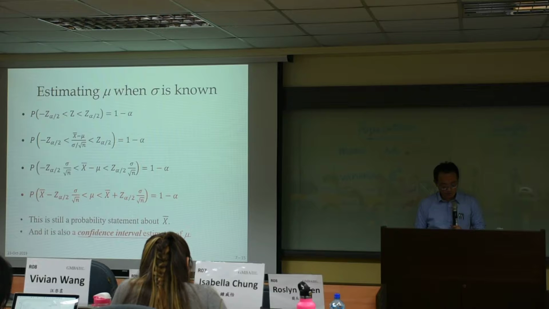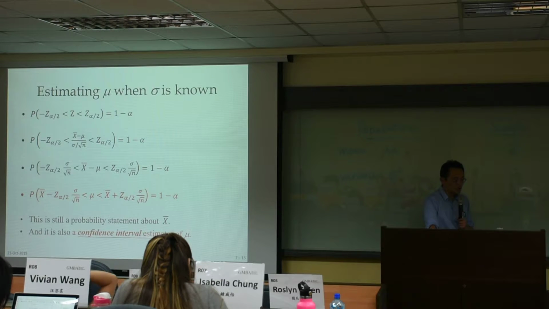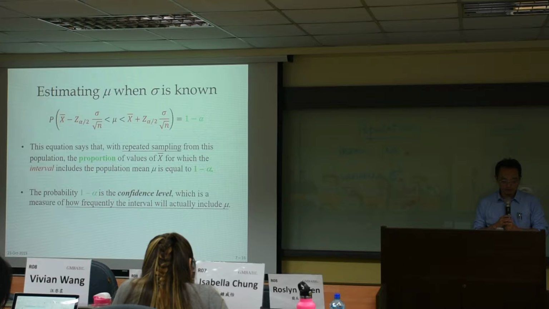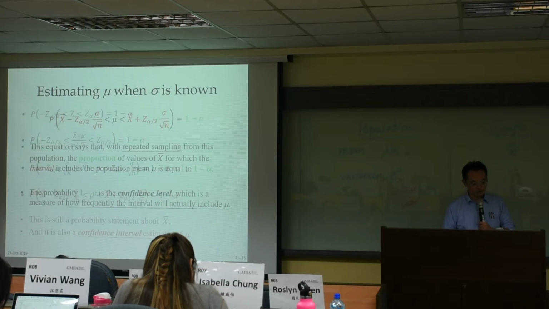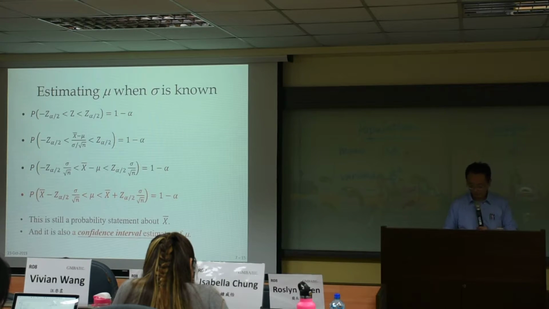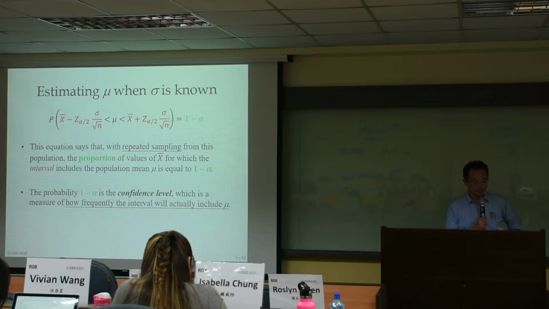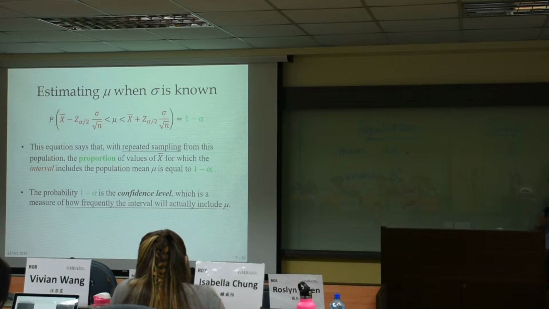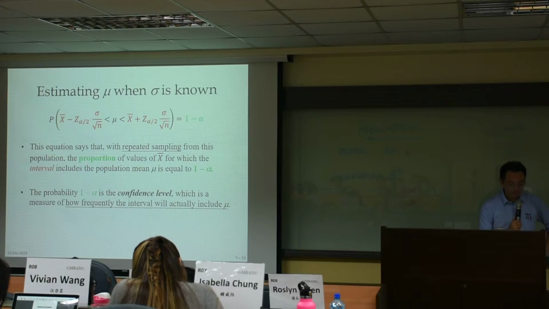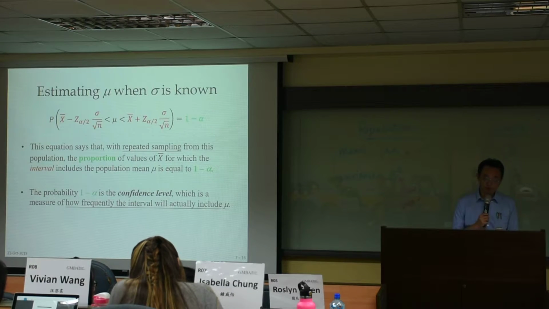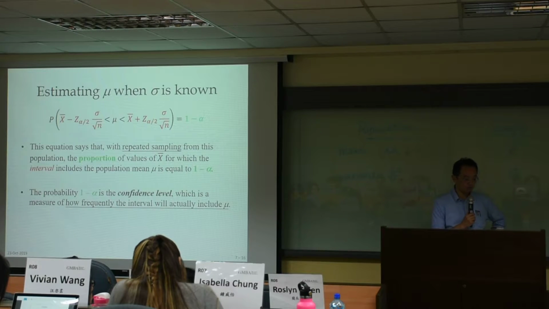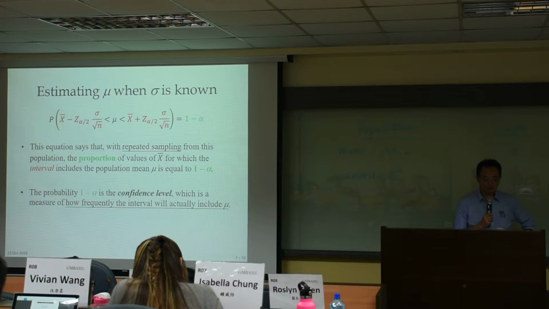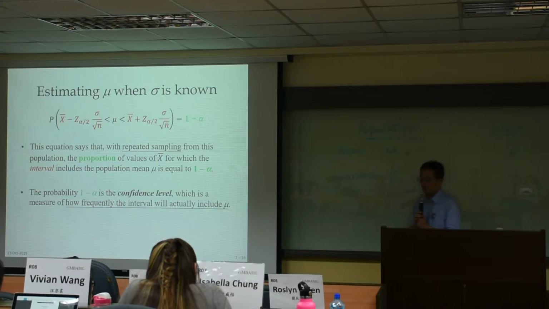Okay, so let's move forward to the further explanation. This expression is the same as the last one. The fourth line, we just copy here. So this equation says that with repeated sampling from this population, the proportion of values of x bar for which the interval includes the population mean mu is equal to 1 minus alpha.